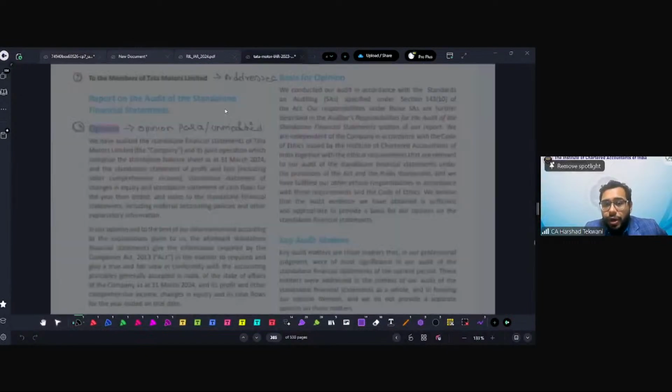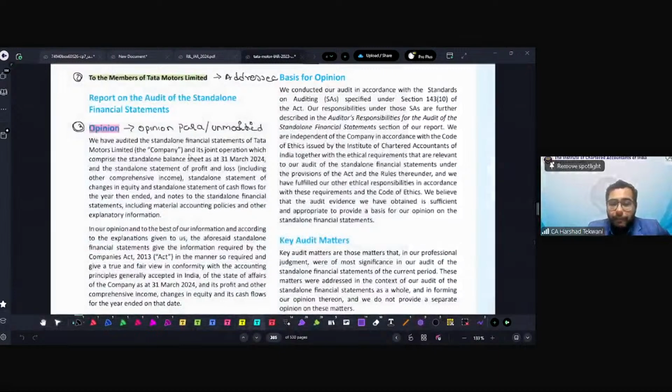If we go back to our audit report, you will see they have mentioned that we have audited the standalone financial statements of a particular company and its joint operations. So the first thing they have identified is which entity they are talking about.